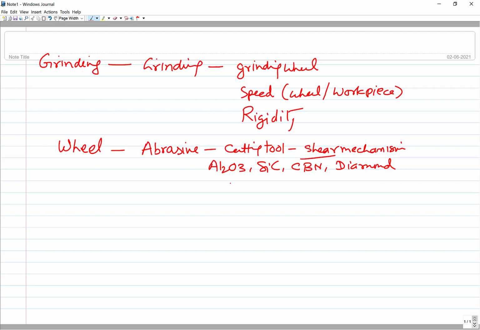If any kind of interaction between the abrasive and the workpiece is taking place, then it will be forming some kind of chemical layers on the surface of the abrasives, and that can lead to faster deterioration of the abrasives. So there must be inertness between the abrasive and the workpiece.